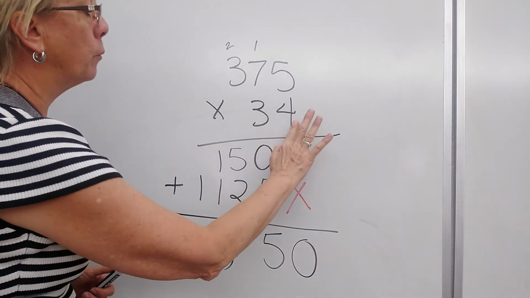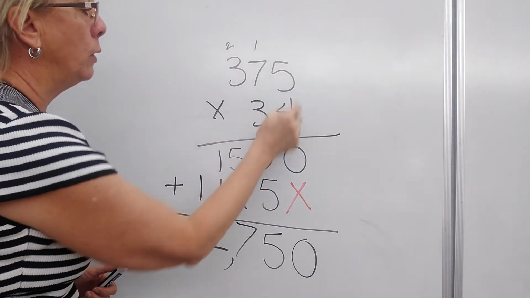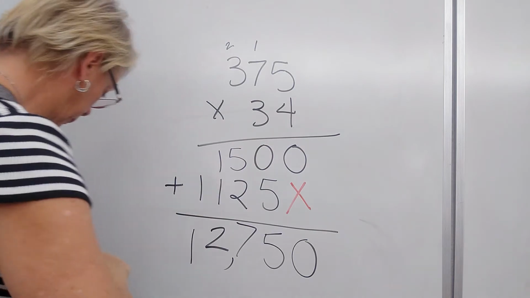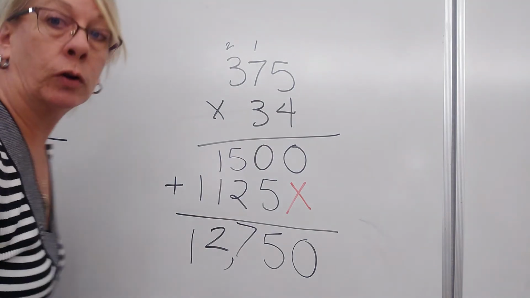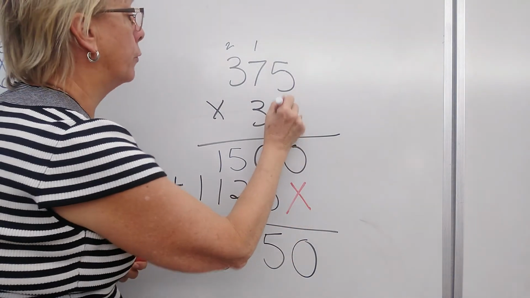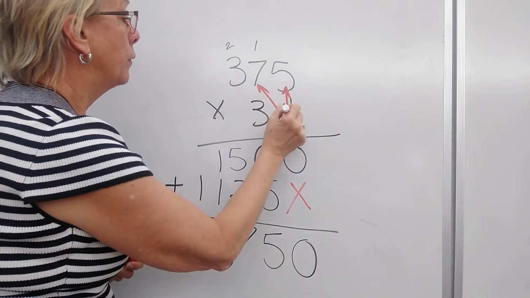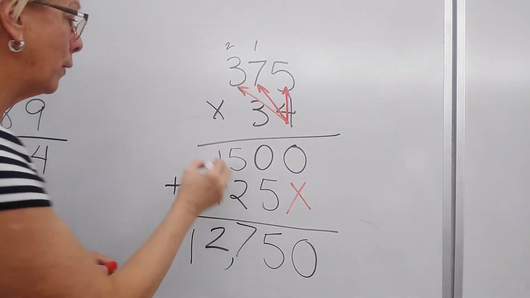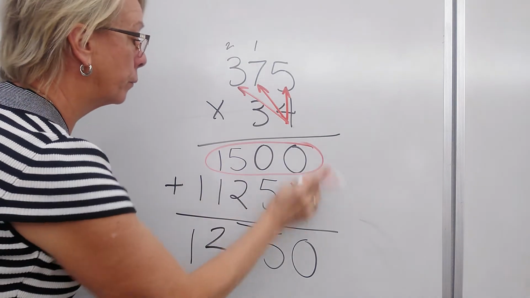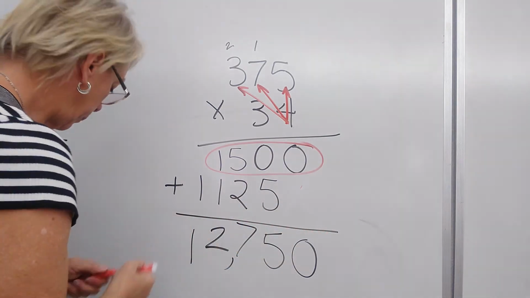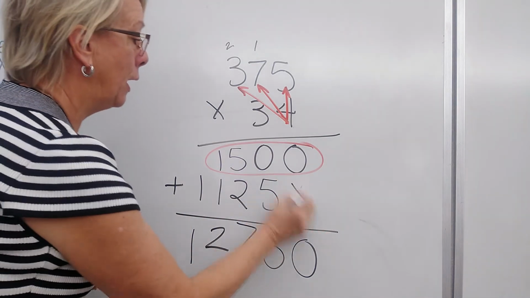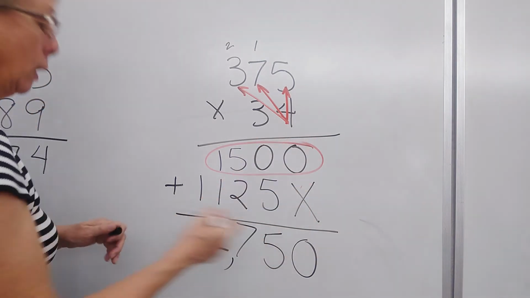So, reviewing the steps. You take this number in the ones place and you times it by that one, and that one. Carrying over the extra number. So times that one, times that one, times that one. Step 1, that gives you this number right here. Then you put down an X or a 0.